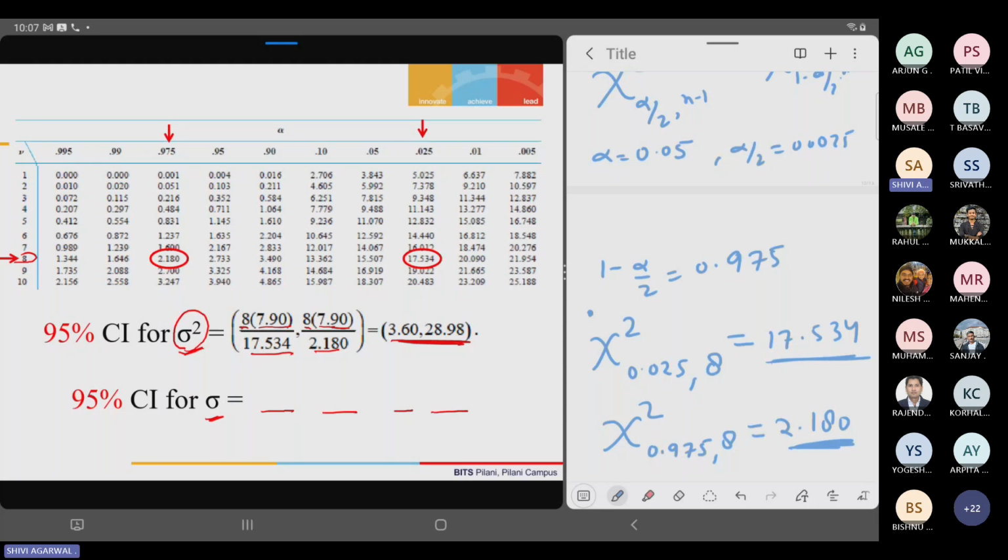Mr. Nilesh, actually, the makeup examination copies are in the checking process. When they are done, they will be opened so that you can see your copies with the marking scheme.